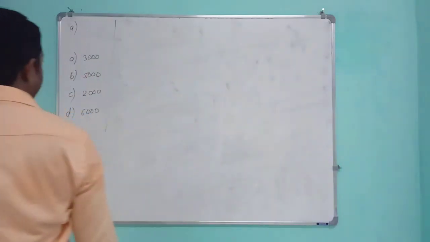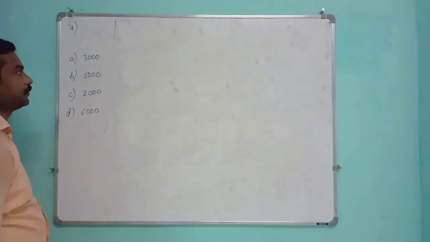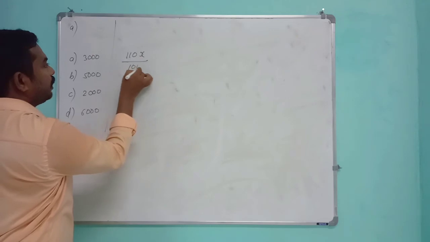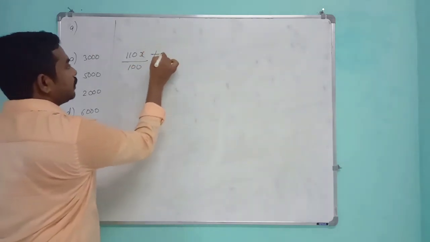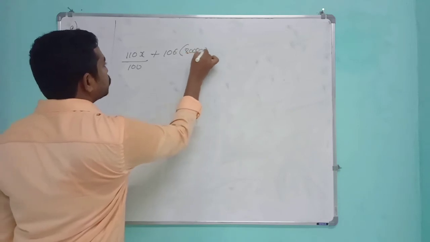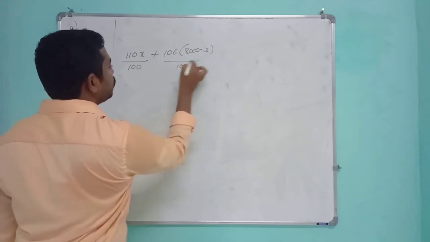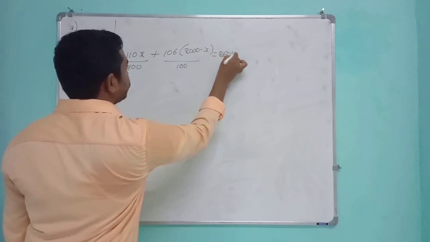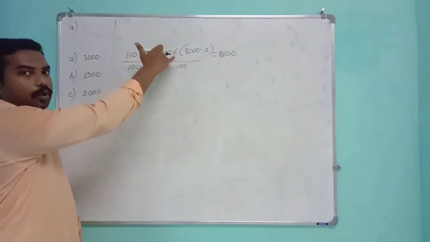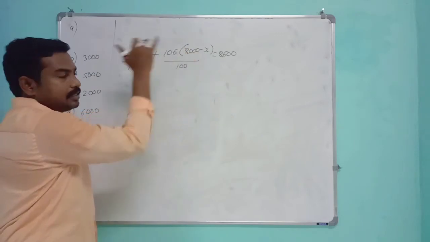Now let us consider the female population as X. With 10% increase, that is 110 by 100 of X, plus 6% males increased, 106 by 100 of (8,000 minus X), is equal to 8,600. Because I consider females as X, if you take X from 8,000, the remaining value will be males.